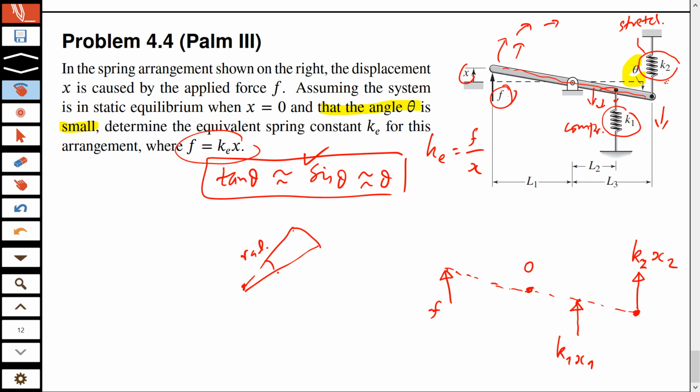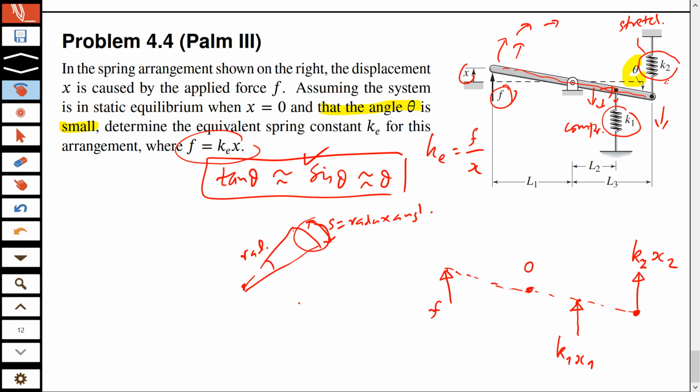So this distance s will be given by the radius times the angle. Okay. Now because theta is small, this x1 and x2 will both be just like these deflections.